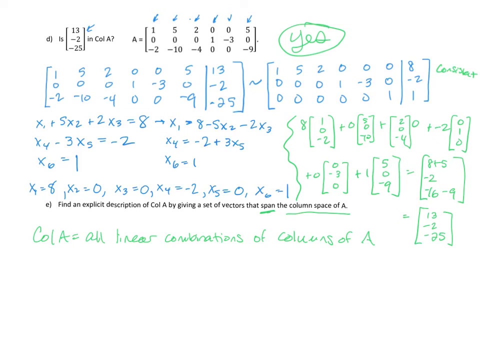So I could just write Col A is the span of the columns of A, right? Span and the set of all linear combinations are synonyms. So I'm just going to put in the columns of A here. Their span builds Col A.